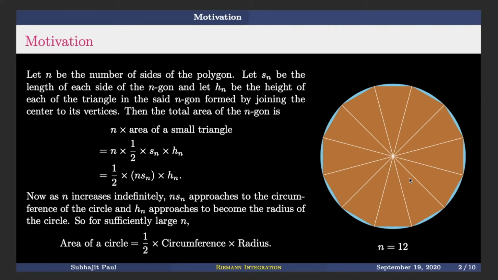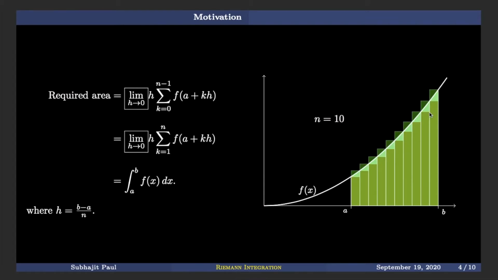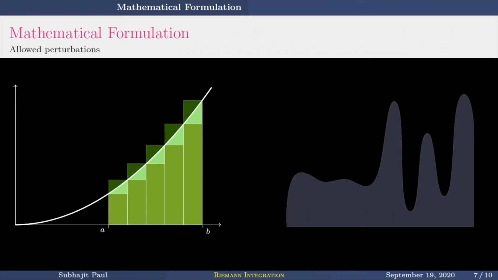So this is one example, and the other example was this one. Here everything was very much symmetrical and formulated. But actually people do not want that restriction to be present in the mathematical formulation. So that is why perturbation means a variation from the ideal state. That is what perturbation is, variation from an ideal state.